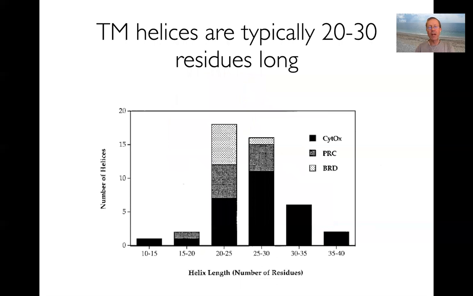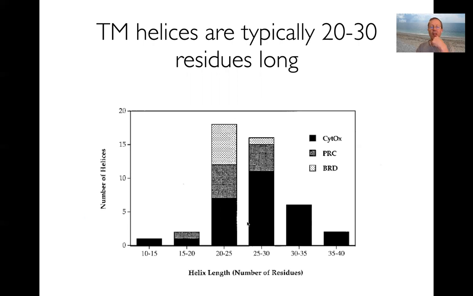So to provide some background for how to best design a topology prediction algorithm, let's collect some statistics on membrane proteins. This is statistics on the typical lengths of the transmembrane alpha helices, taken from a number of known X-ray 3D structures. And what you can see is that most helices tend to be between, say, 20 and possibly 30 residues long.